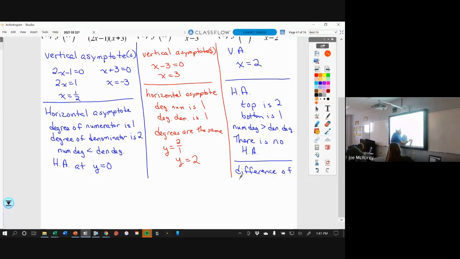The difference of 1, we have to modify in the degree. So we have an oblique asymptote.